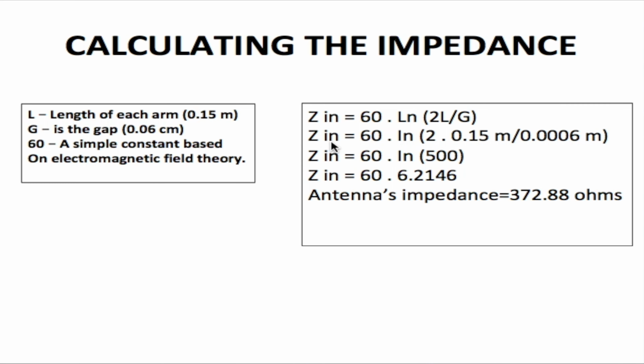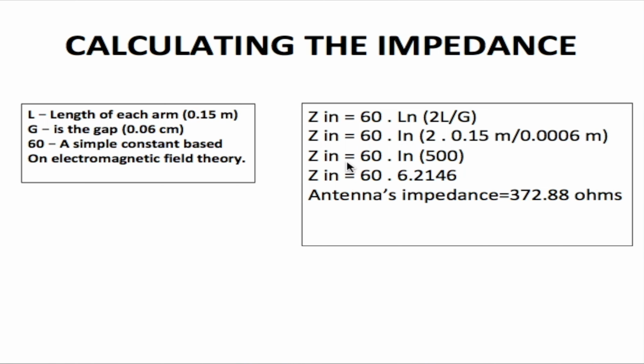Under here we have Zn equals 60 times Ln times 2 times 0.15 meters divided by 0.0006 meters. So this is in meters instead of centimeters. This is the gap, but I have it here in meters. Since I have everything else in meters, got to keep it all in meters, so I just change it to meters.